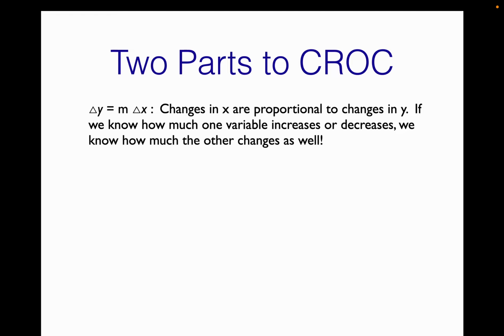The other piece to what you've been doing, instead of just describing the changes, we can also find total values. Like if I told you how high the flag started, we should be able to figure out how high it is later, not just how much lower it is than when it started, but we should be able to find the final height.